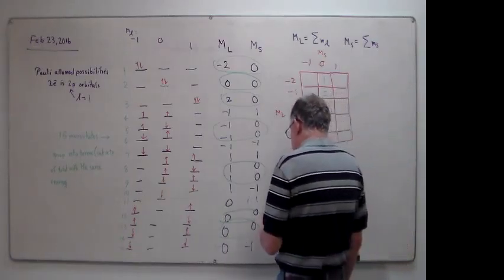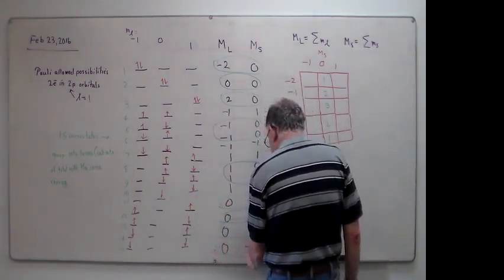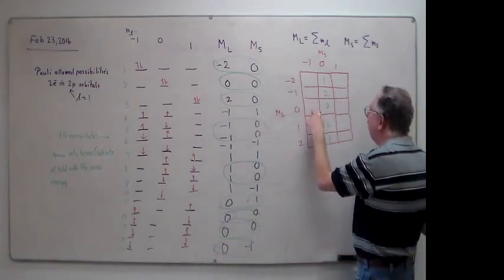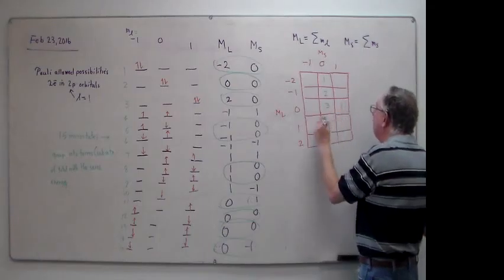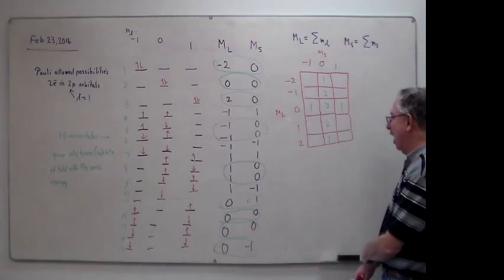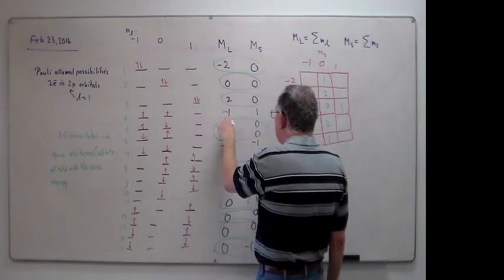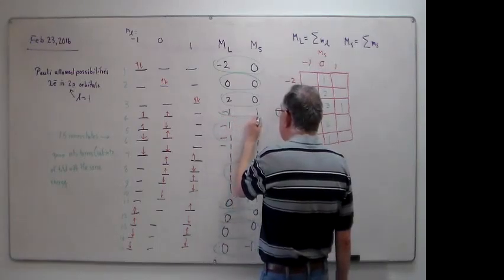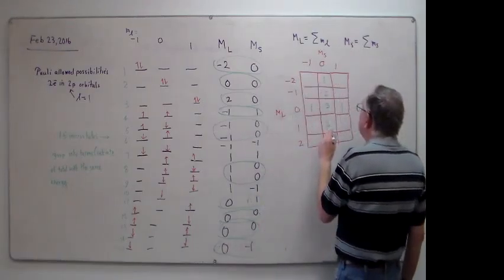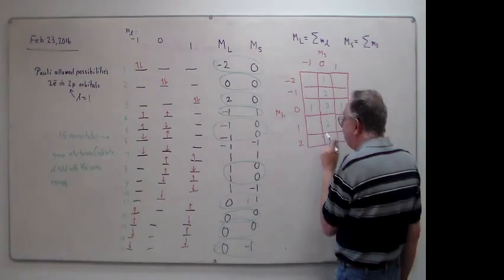Now we've got a 0, 1 and a 0, minus 1. M sub L equals 0, M sub S equals 1, and 0, minus 1 is there. And now I only have 4 left. I've got 1, minus 1, or minus 1, 1.